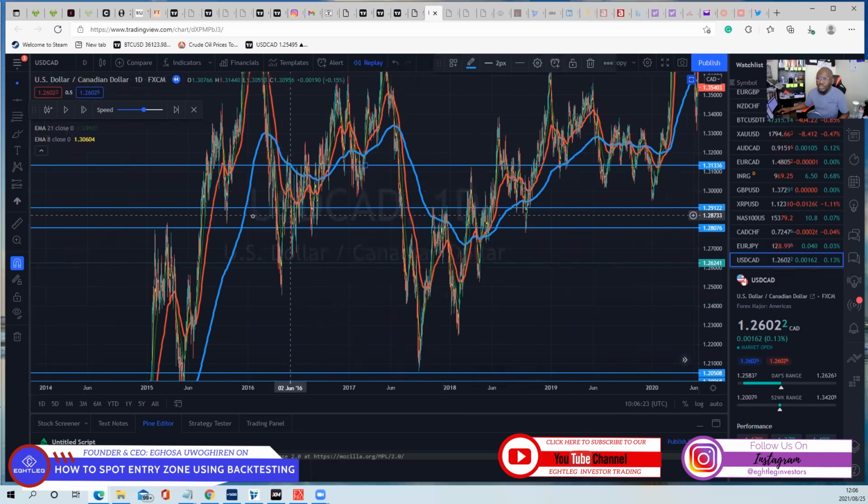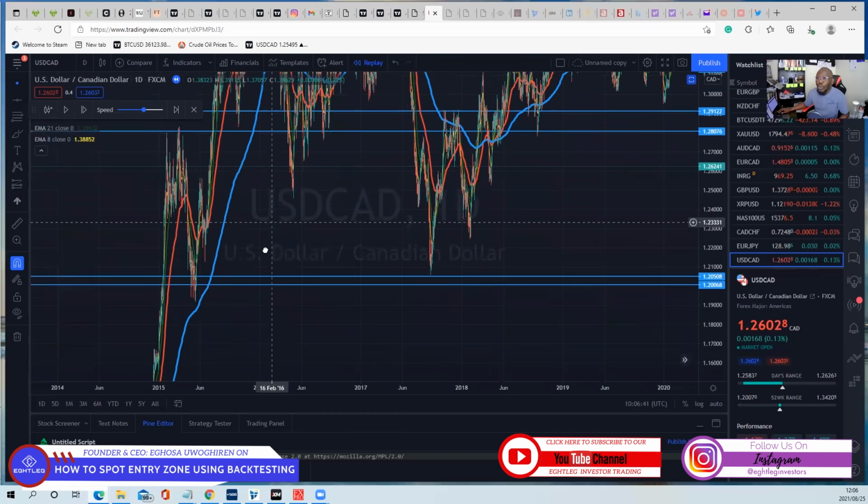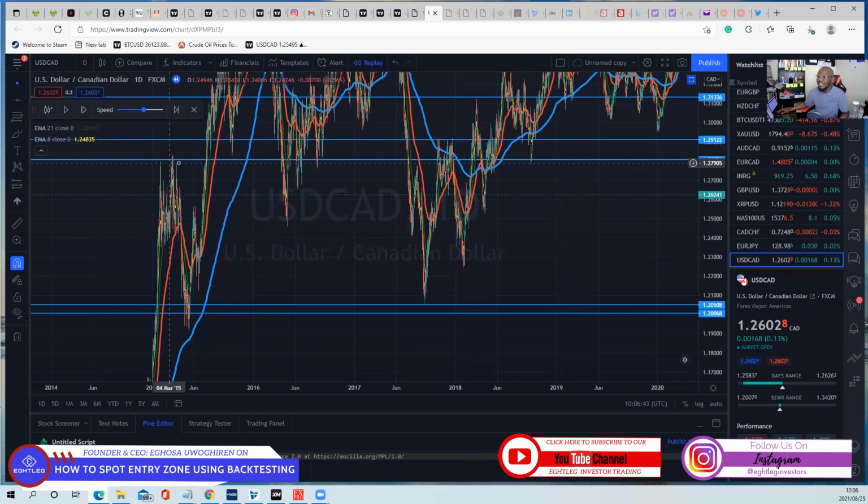See that one there. So we saw that the last time we saw a pullback to this level, we saw a breakout from this level. So this line is very deceptive, because twice when we saw a support at this level, we actually broke through this resistance level.